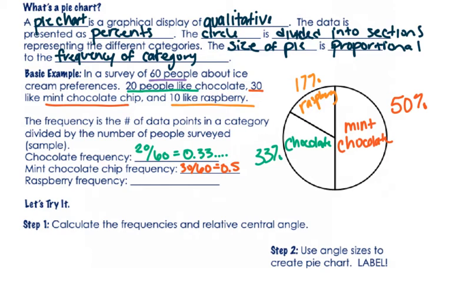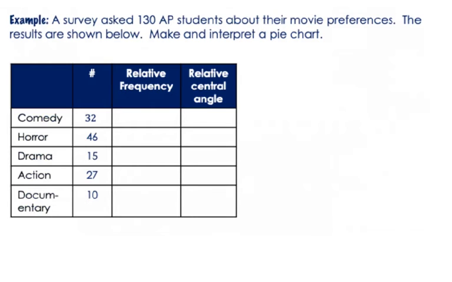That's how I got 50%. And then raspberry was 10 out of 60. And when I put that in my calculator, I get 0.166 with the 6 repeating on forever. So that's 17%. So that's how I got those percentages. Alright. So we went ahead and did step 1 and 2 just to save time.